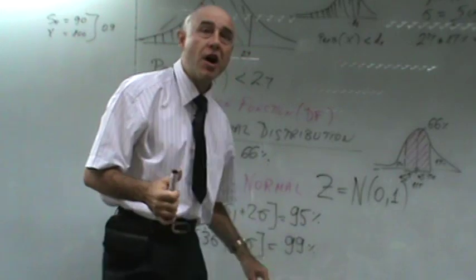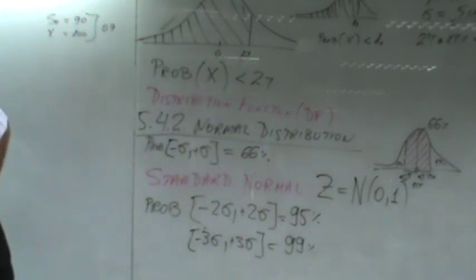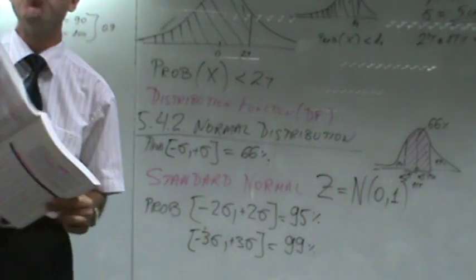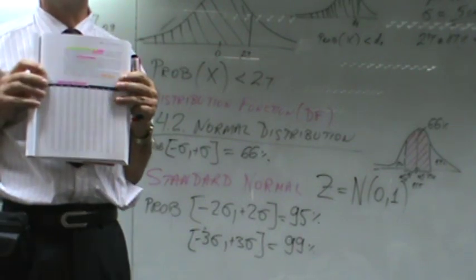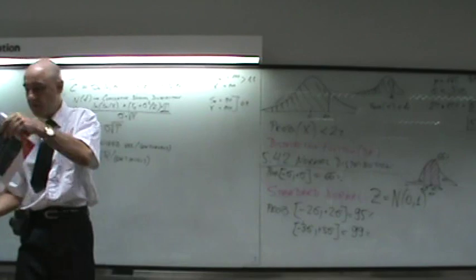Now, let's try for you. On my textbook, the page is 137. We got a little table, 137, right? And on 137, we want to look up 2 sigmas up and down. We want to try to find out the exact value. Okay, so let's look up 2 sigmas.